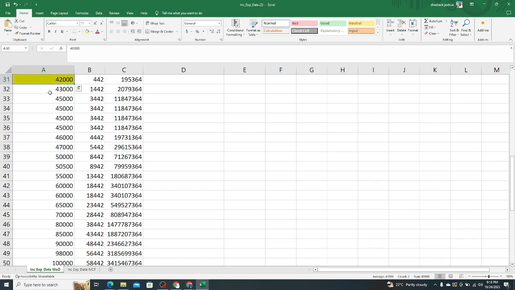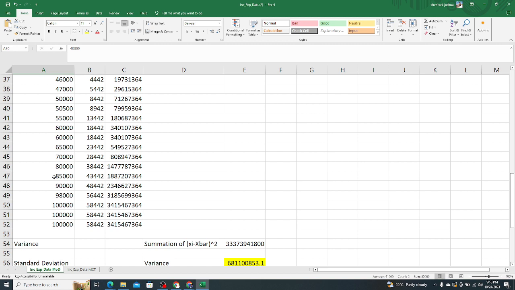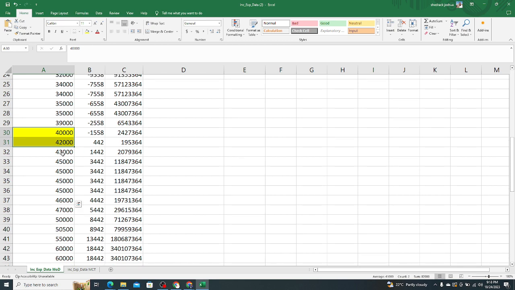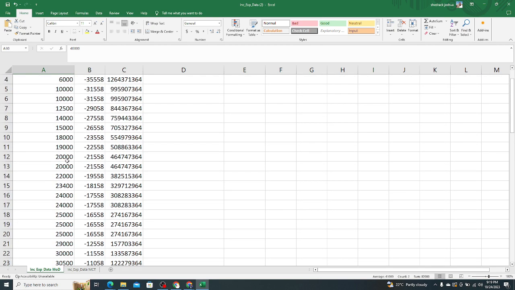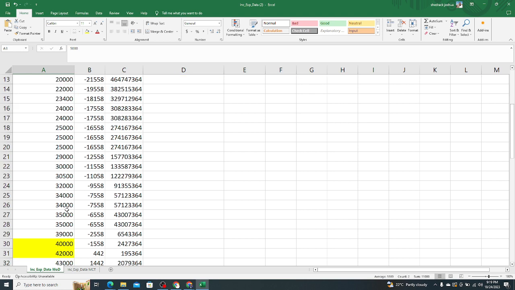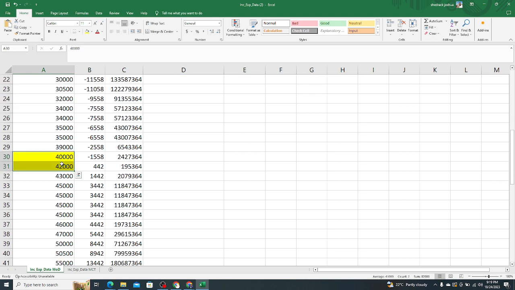So you can see we have some people who are earning more than the average amount. In the same way, we have some people who are earning far less. In comparison to what? To the average amount.